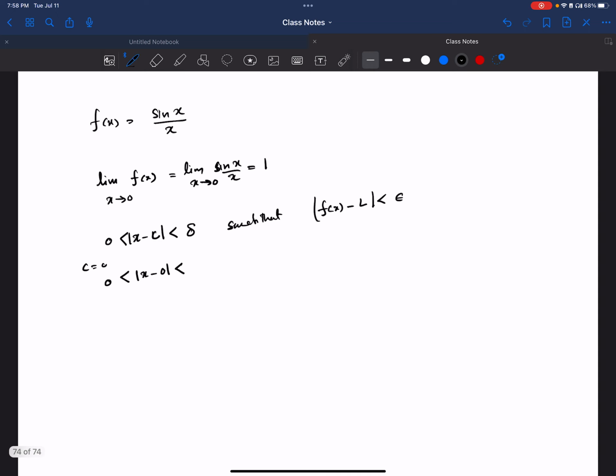We will first consider delta is 1. Delta should be greater than 0, so delta is equal to 1. When delta is equal to 1, x should be some value less than 1, getting closer and closer to 1.